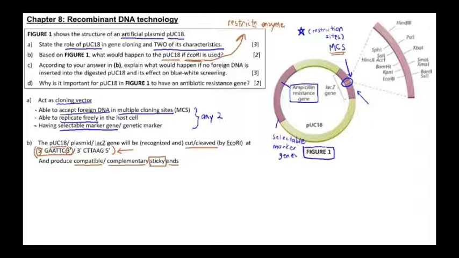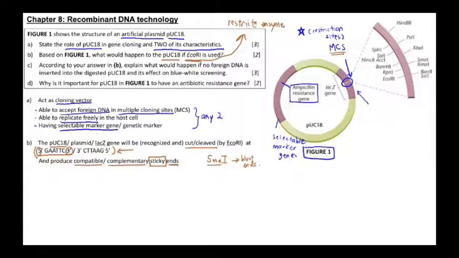EcoR1 is one of the types of restriction enzyme that will produce sticky ends, while another type of restriction enzyme that you learn, SmaI, instead of producing sticky ends, will produce blunt ends.